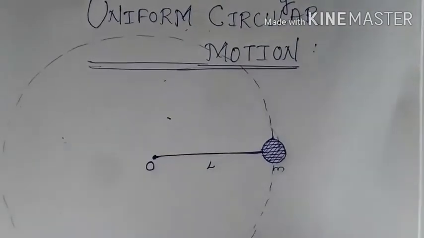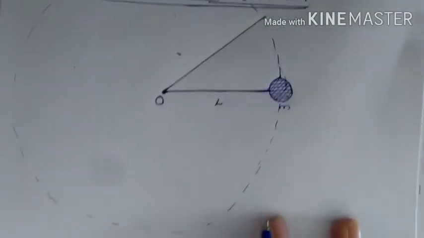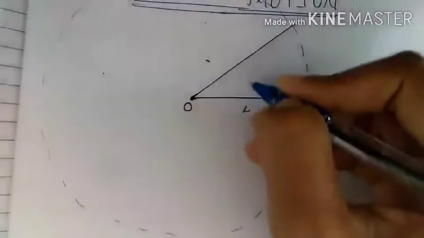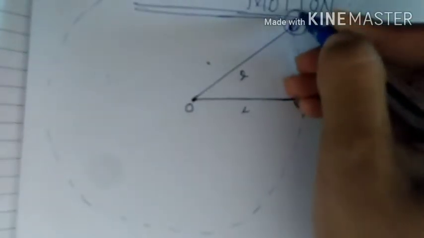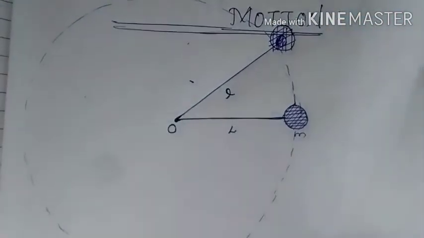At every instant, the distance from your hand to the ball will be the same. This is the circular motion.